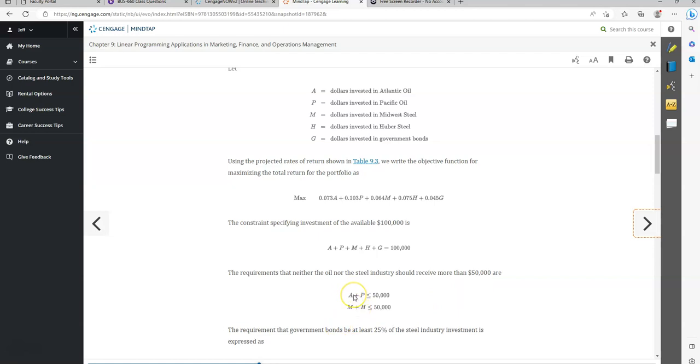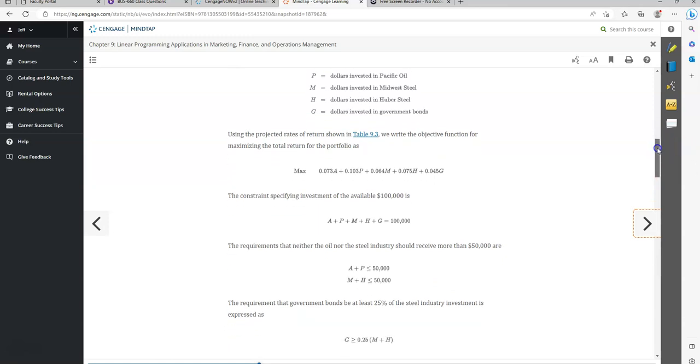So the amount invested in Atlantic Oil plus the amount invested in Pacific Oil must be less than or equal to $50,000. And then the amount invested in Midwest Steel plus the amount invested in Huber Steel must be less than or equal to $50,000. So 2 constraints so far.